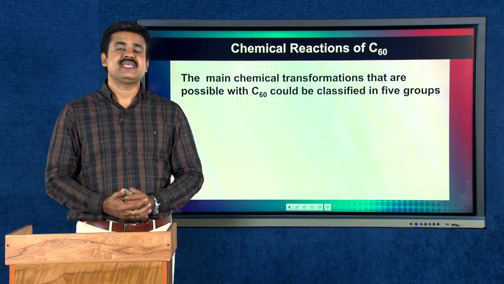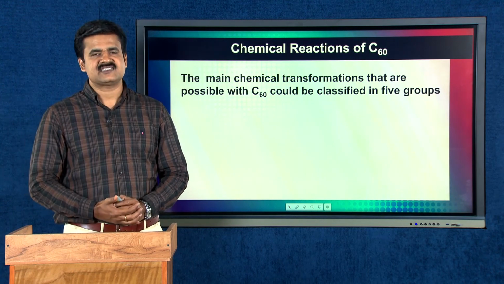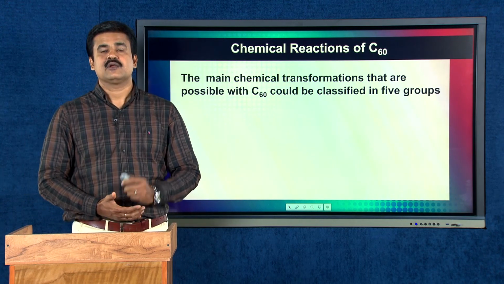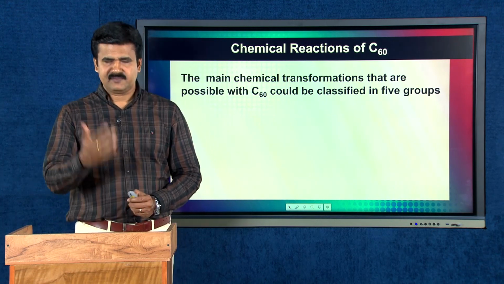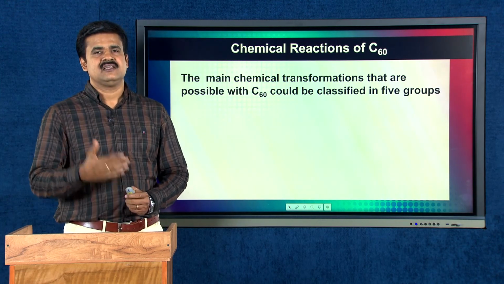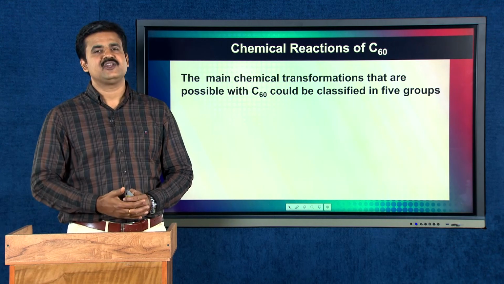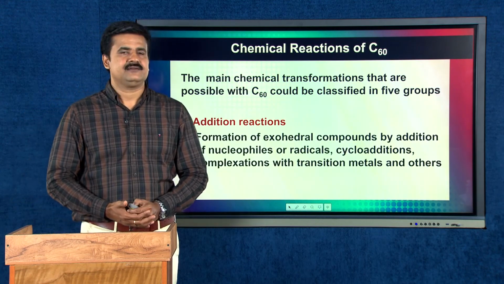The main chemical transformations that are possible with C60 or Buckminsterfullerene could be classified into 5 important groups. That means the chemical reactions of C60 can be grouped into 5 groups. These groups are discussed here.